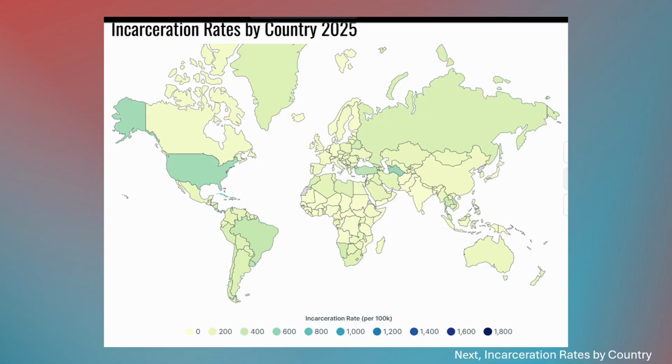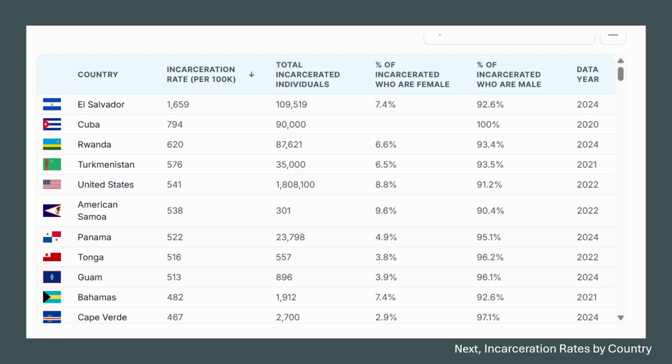Note the legend on the bottom. It indicates why there's different colors on this map. Some numbers. Look where the United States is. What percent are female and male?